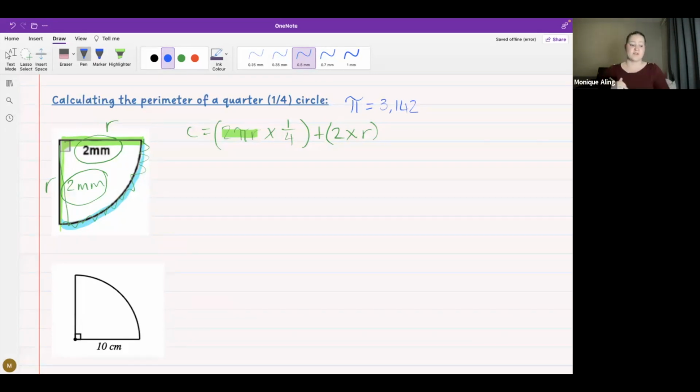It's pretty much always asked like that in the exam, so let's just get used to using that value. Okay, do we have answers?